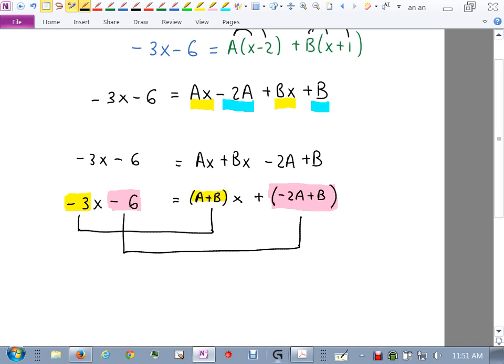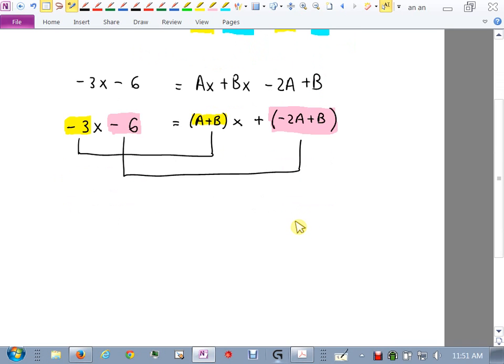So what I can now do is write down those two conditions. And when I write them down with a big brace in front of them, and put a plus b must be negative 3, and negative 2a plus b must be negative 6, I now have a system of linear equations.